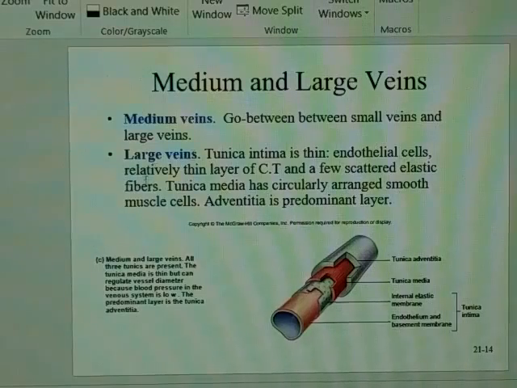When we get into the large veins, once again, tunics are going to be rather thin, but they're more prevalent than they are in the other veins. And at this point, when we get into the large vein, we're having to get a good amount of blood back to the heart.